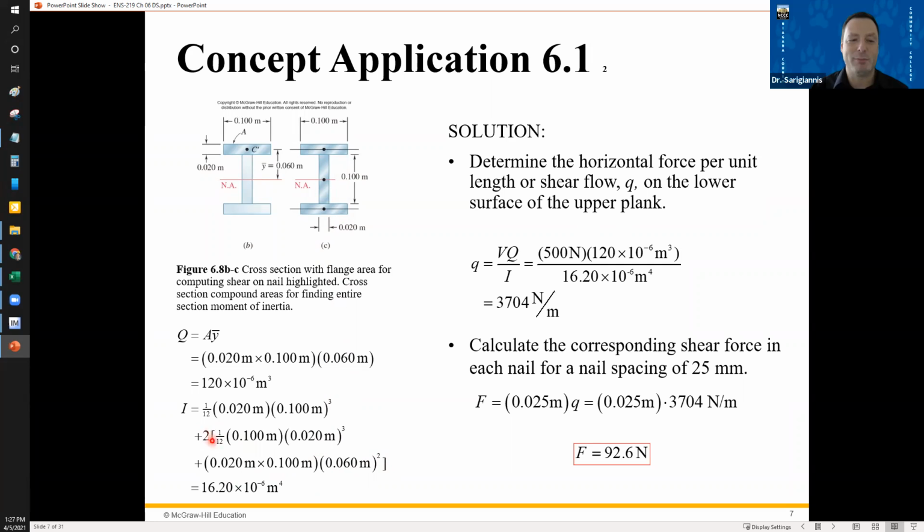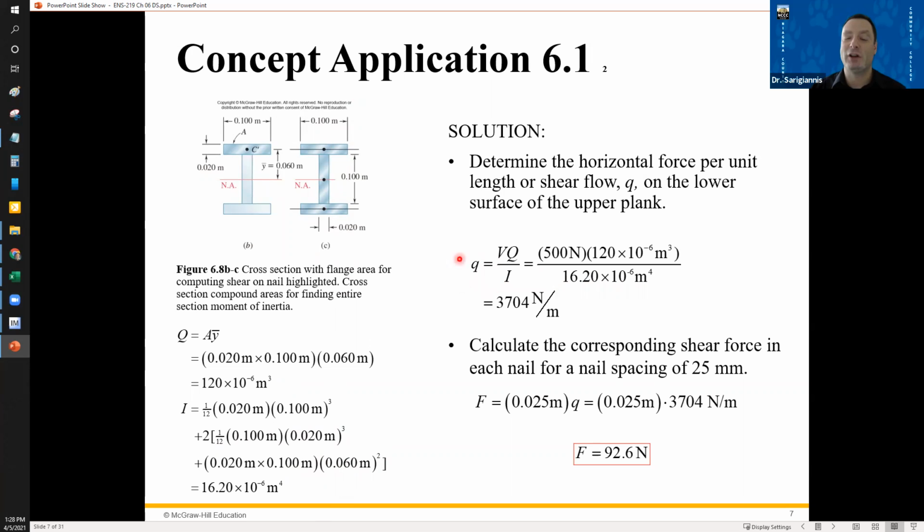This is showing that they're both 2 times, right? 2 times each of these. It doesn't matter if they're on top or the bottom for the overall moment of inertia, right? They're identical. So the distance between the centroids and the neutral axis is the same, and you're squaring it, so it doesn't matter if it's positive or negative. So you get a moment of inertia of 16.2 times 10 to the minus 6 meters to the 4th.